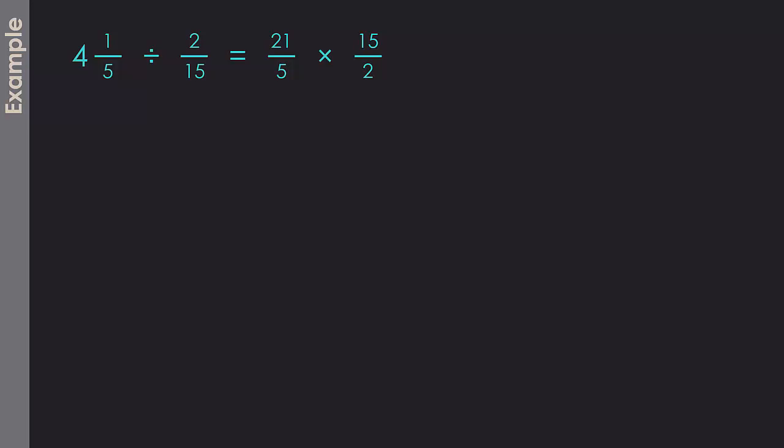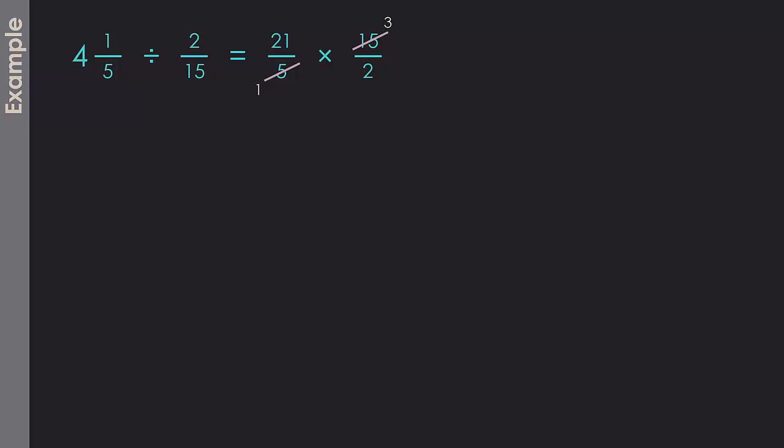To solve this multiplication of fractions, we can use cross-canceling. Here, 5 and 15. 5 divided by 5 equals 1, and 15 divided by 5 equals 3.